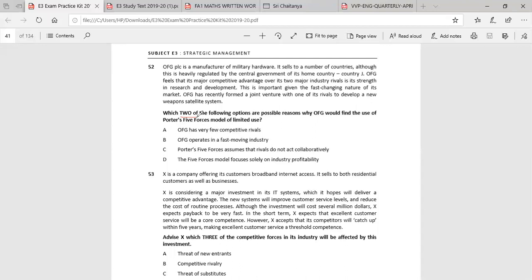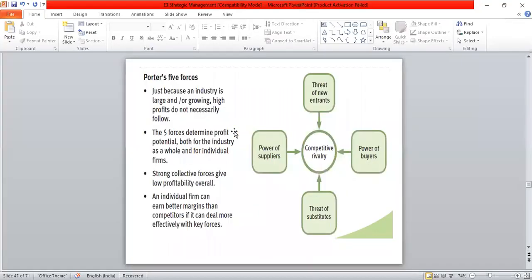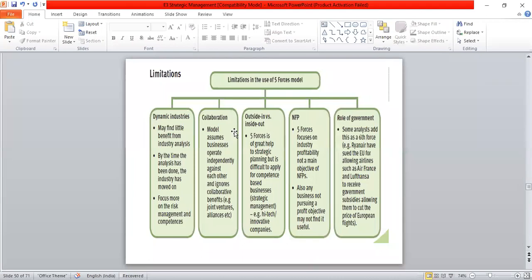OFG has very few competitive rivals. OFG operates in a fast moving industry. Porter's five forces assumes that rivals do not act collaboratively. The five forces model focuses solely on industry profitability. Which two of the following options are the possible reasons? Maybe you're not aware of the limitations of Porter's five forces model. Just have a look at that and then let me know. These are the limitations of the five forces model.